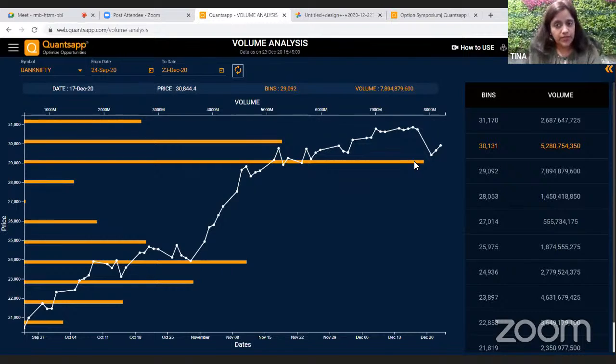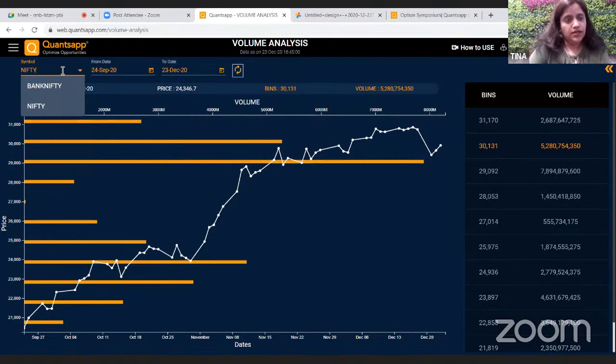If it's taking the support, then we can see a good bounce. If it breaches that level, then a fall could be steep. So for any trading perspective, you look at 29,000, 29,100. This is a very strong zone. If it breaches that, then we can have a completely different picture. But right now, it has taken the support from there.